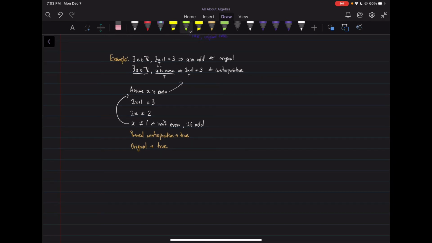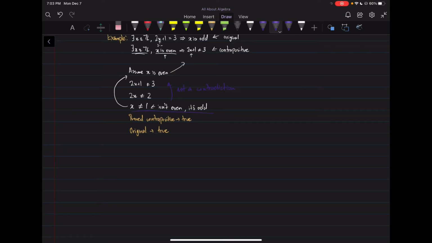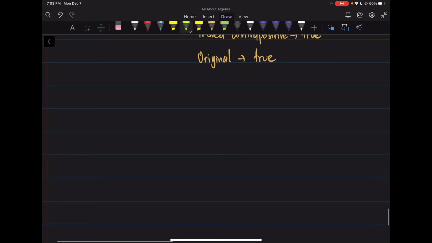Now, what is this type of proof called that we just did right here? We made an assumption that x is even, and we got that x is odd, and so it's not a contradiction. Well, what if it was a contradiction? What is a contradiction? That's exactly what our next proof method is going to be.